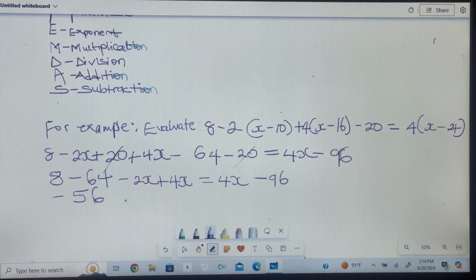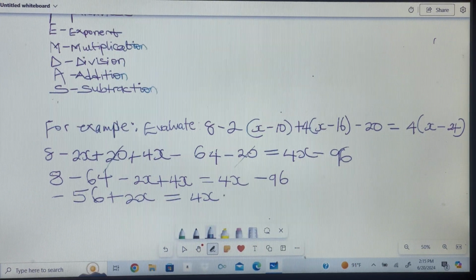Then we have negative 2x plus 4x. We do the same thing: we keep the sign of the larger number, which is plus 4, a positive sign. 4 minus 2 is 2. So we have plus 2x is equal to 4x minus 96.